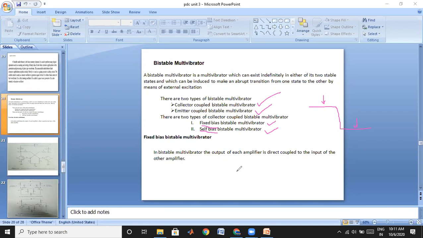We bias a transistor in order to operate it in one region: active region, cutoff region, or saturation region. We bias the transistor to make it operate in our required region.